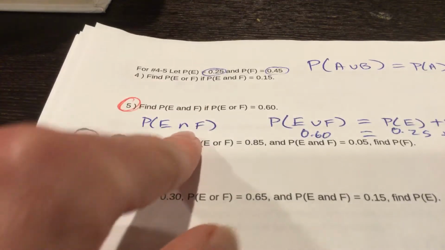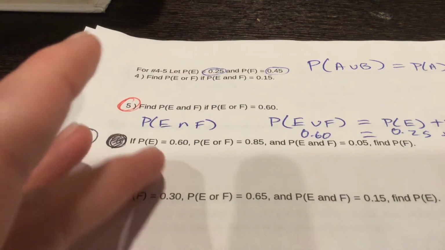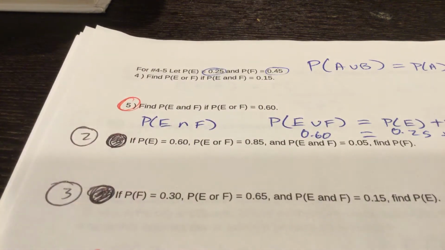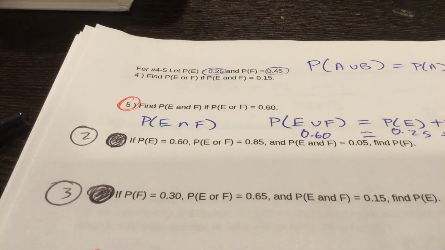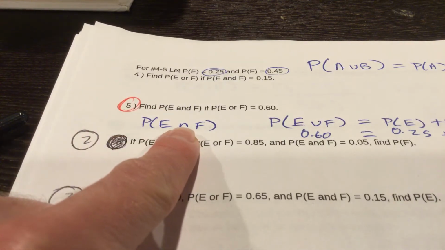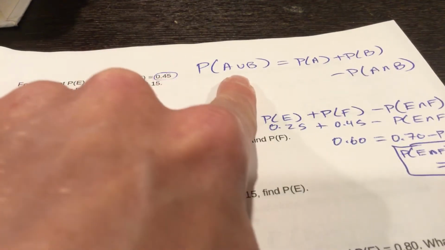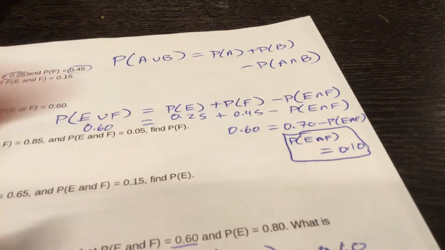So, on 4 and 5, the probability of E is 0.25, the probability of F is 0.45. In 2 and 3, they change in each scenario. All right, find the probability of E and F. The and is the intersection, or is the union. Or, and. Okay.